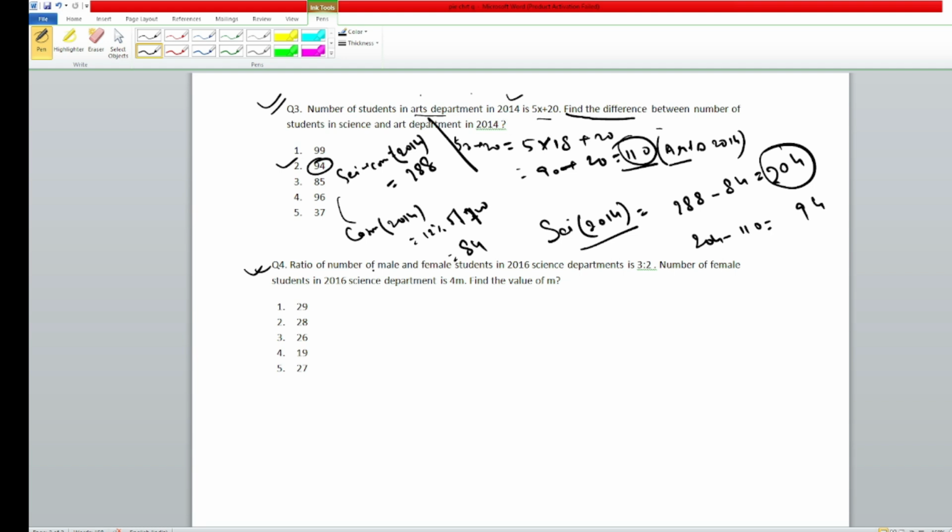The ratio of the number of male and female students in 2016 in the science department is 3:2.